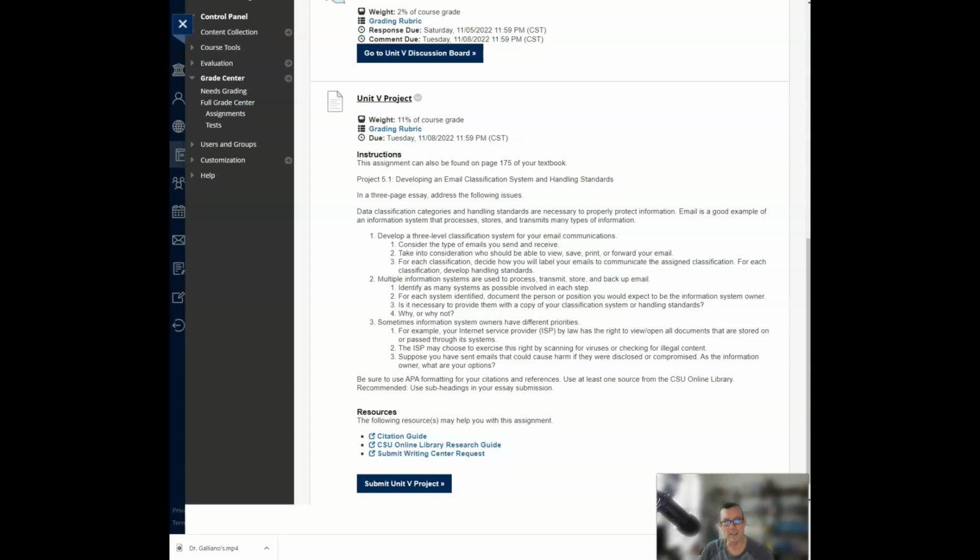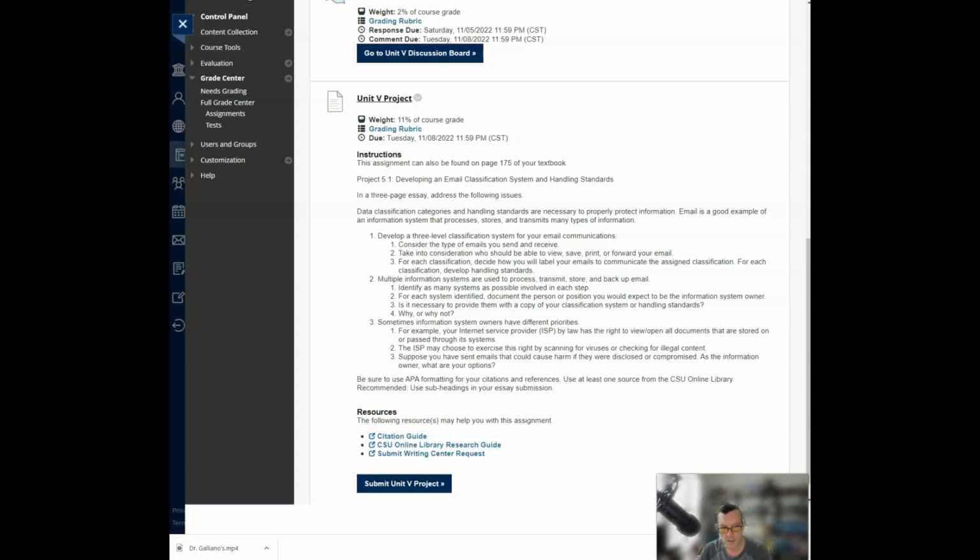Now, referring back to the assignment instructions, I gave you 3 main points. Those are your 3 main points for the essay. Number 1, develop a 3-level classification system for email comms. Number 2, discuss the multiple information systems involved in processing, transmitting, storing, and backing up email.